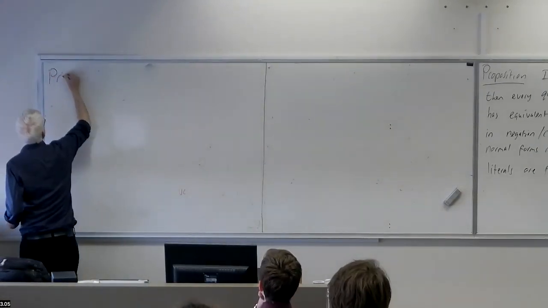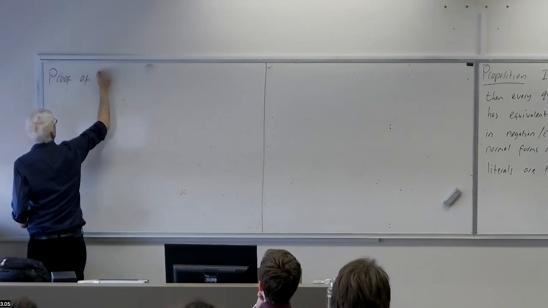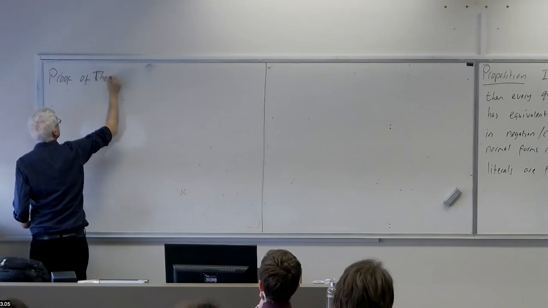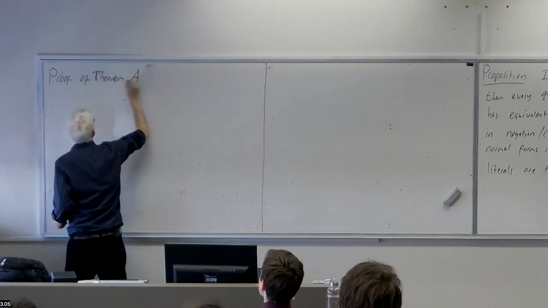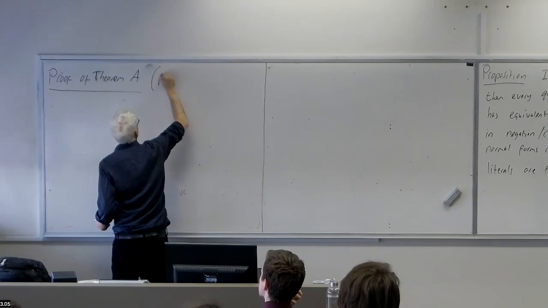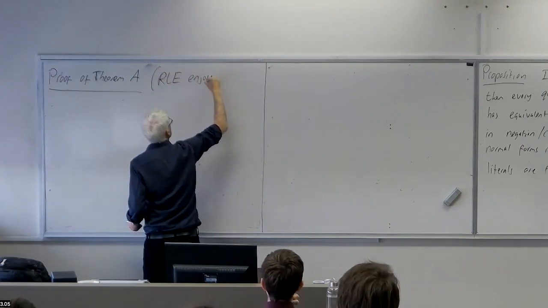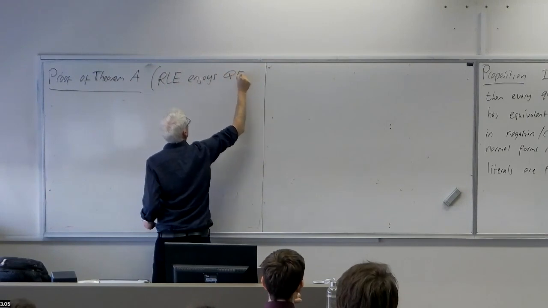So, proof of theorem A, namely, that the theory of rational linear expressions enjoys QE by elimination.